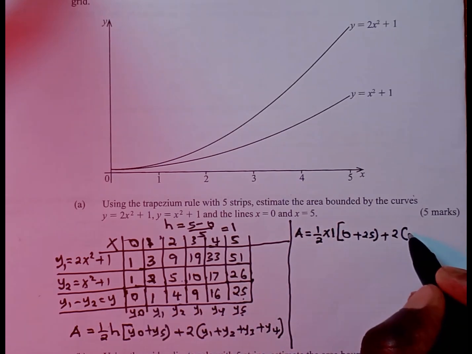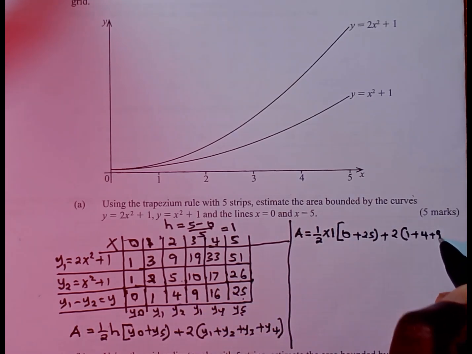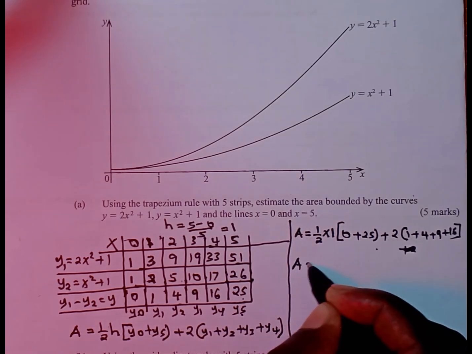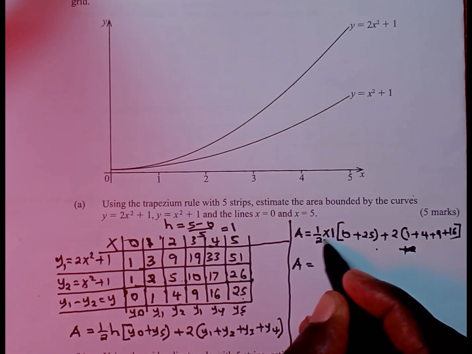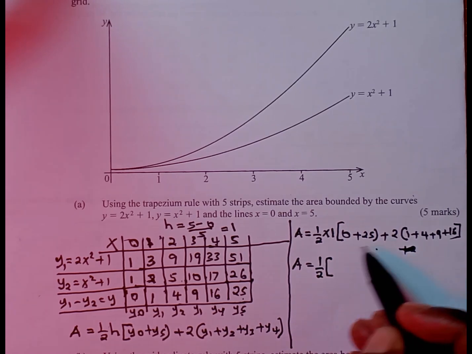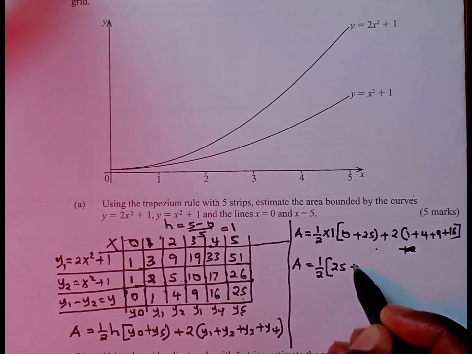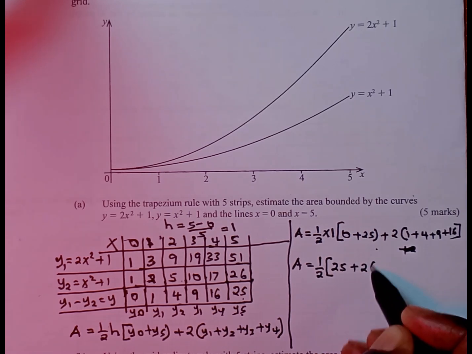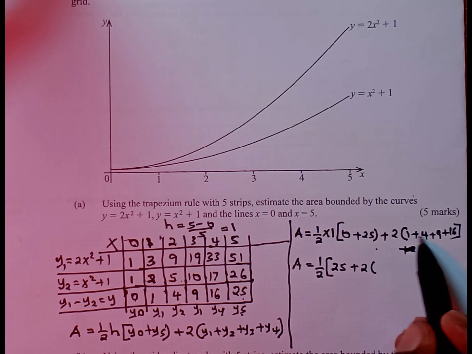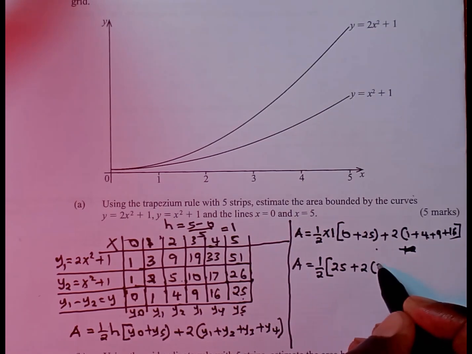We are going to have 1 plus 4 plus 9 plus 16. Area is equal to half times 1, which remains half. We open the bracket, 0 plus 25, you get 25, plus twice the sum of the middles, that is 1 plus 4 plus 9 plus 16, giving us 30.